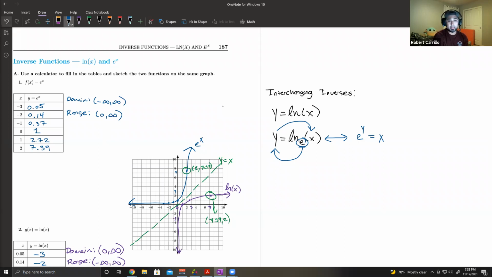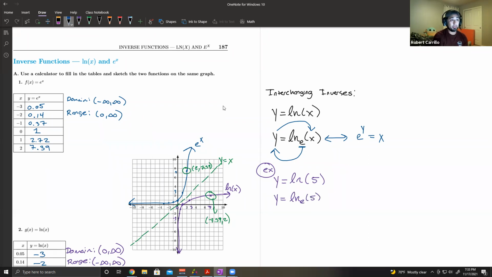Let's do an example real fast. Let's say I had y equals natural log 5. If I wanted to convert this to exponential, I would rewrite this as y equals the natural log base e of 5.